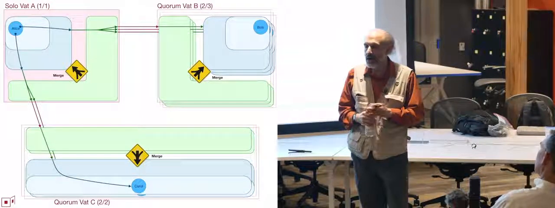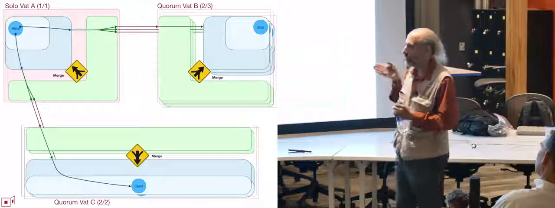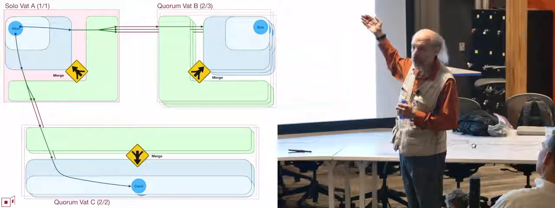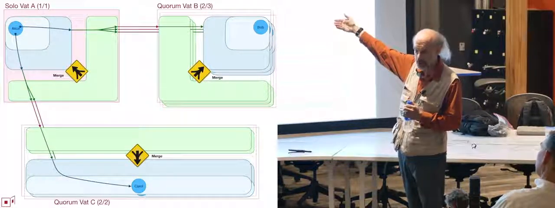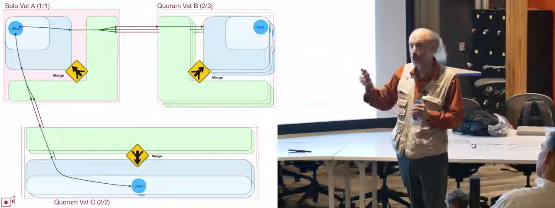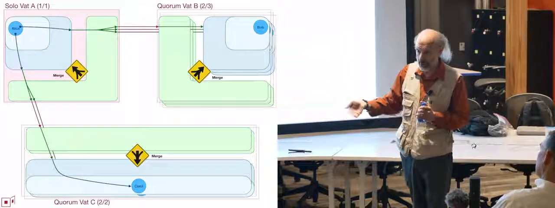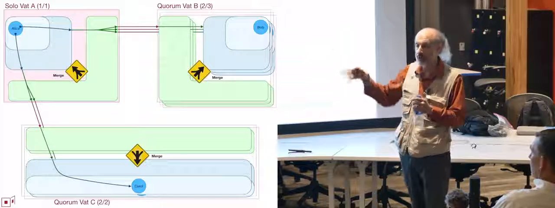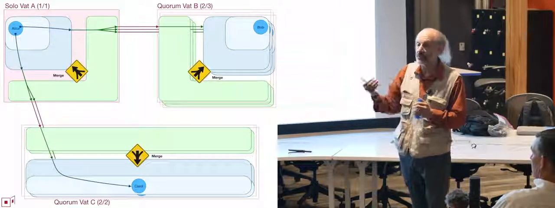So if there's a network partition, then on the side of the partition in which there are participants able to meet the threshold, the VAT can continue to move forward, and other things on that side of the partition can see it. Outside the partition, if you can't receive messages from the threshold quorum of participants in the VAT, you cannot see progress.